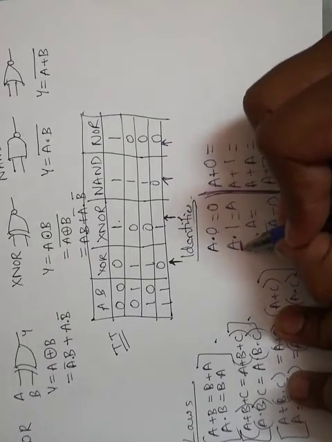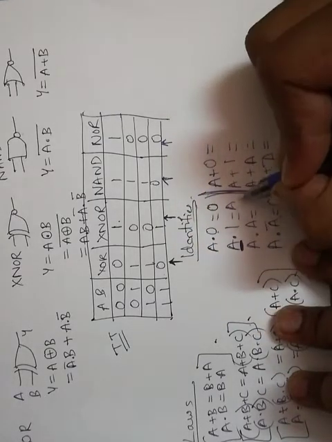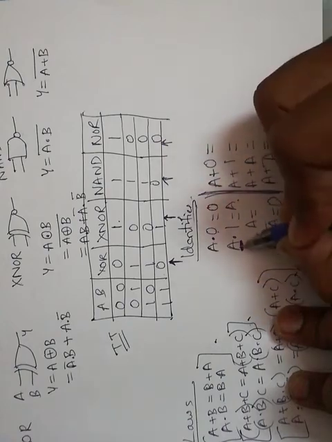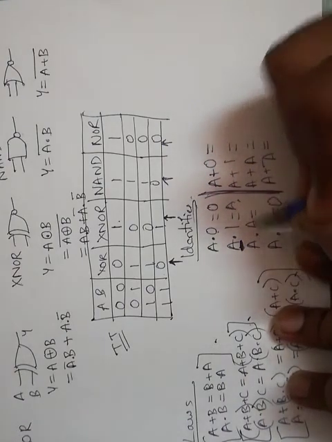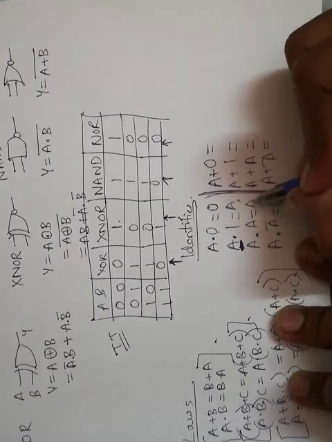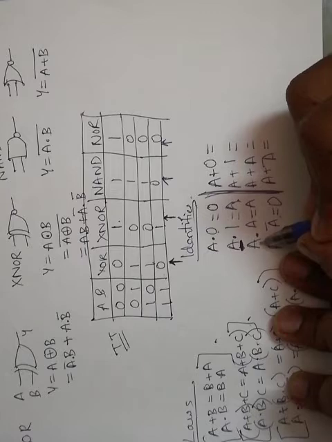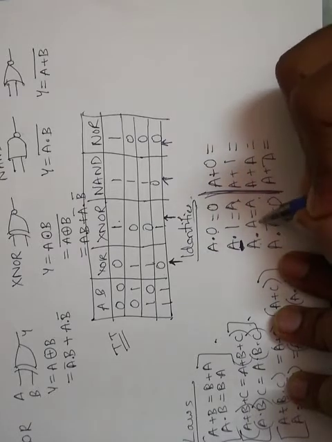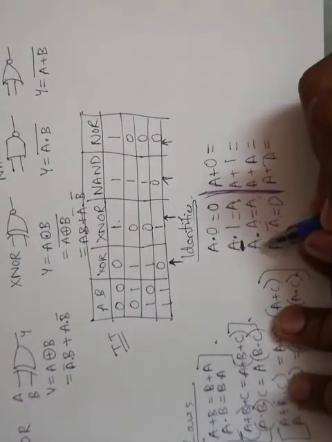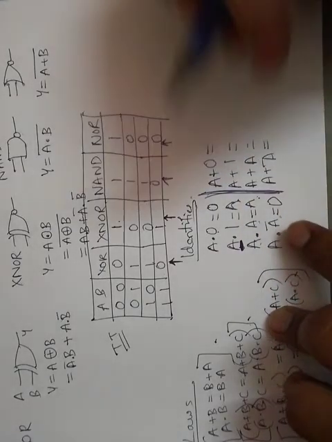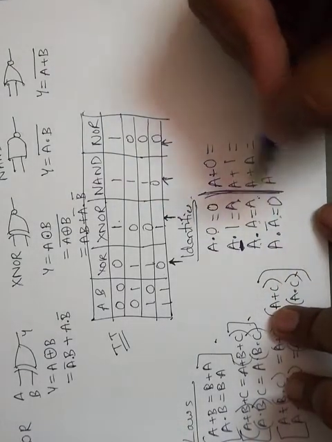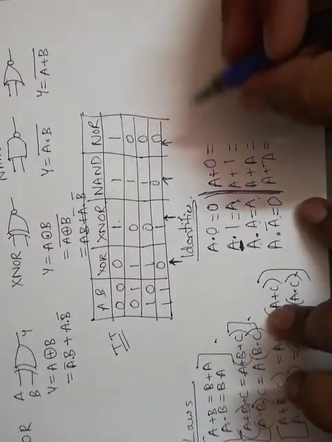Answer is dependent on this value. If this is 0, this becomes 0. If this is 1, this becomes 1. So answer is dependent on this letter A. A and A is also written as A. Why? Because if both are 1, answer is 1. If both are 0, answer is 0. So whatever variable A is holding, that will be our answer. So best way is to understand and write, or else you can remember also.